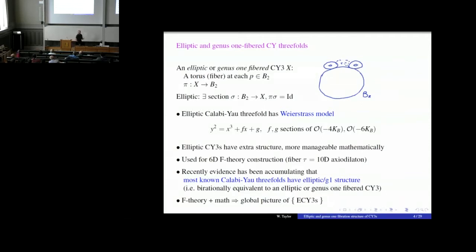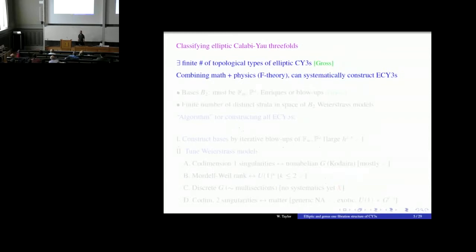So before I talk about how the set of Calabi Yau threefolds that are elliptic fits into the broader set of known Calabi Yau threefolds, I want to talk a little bit about our global picture of the set of elliptic Calabi Yau threefolds. So how would we classify or characterize all the elliptic Calabi Yau threefolds? There's a theorem by Mark Gross which says that there are a finite number of topological types of elliptic Calabi Yau threefolds.